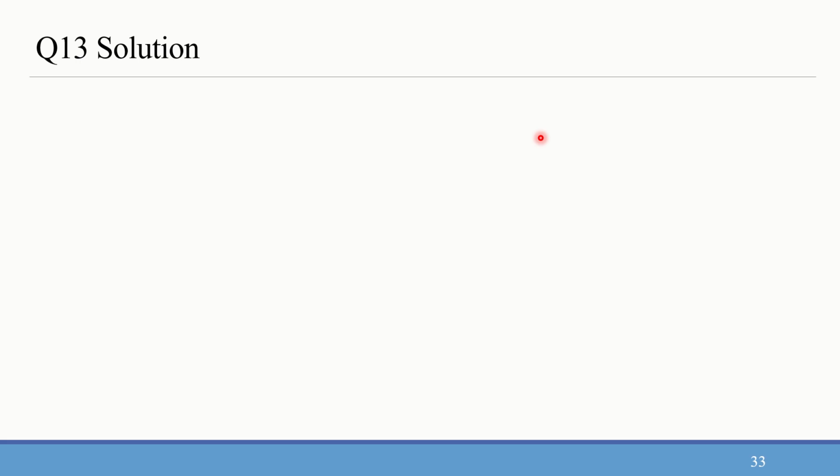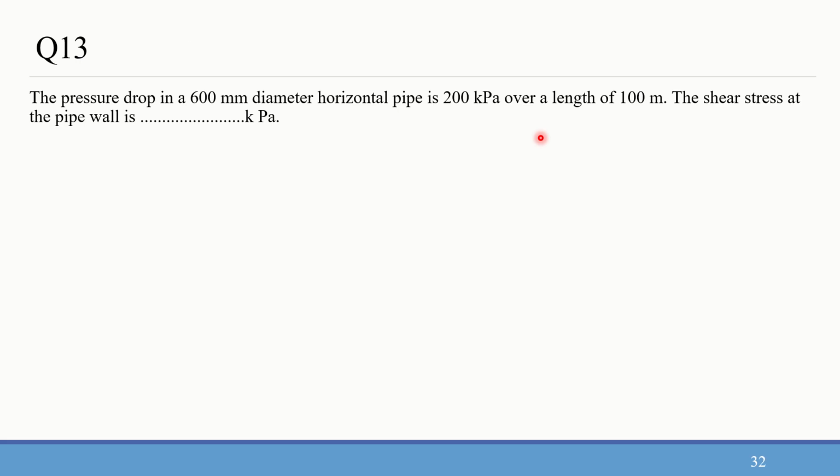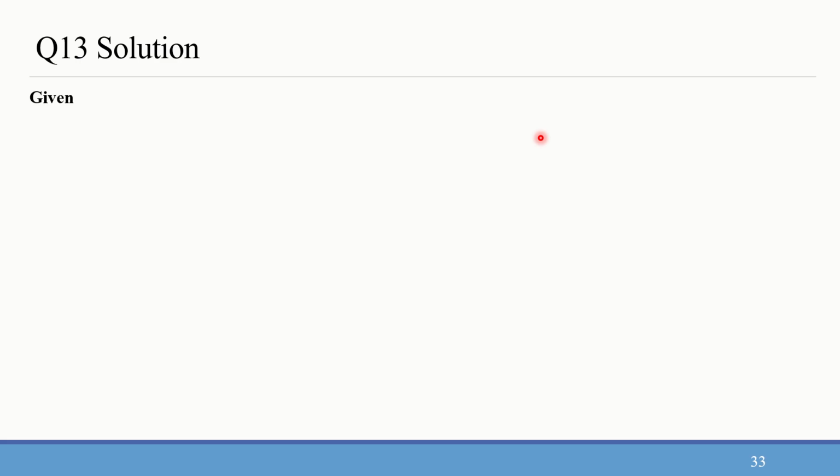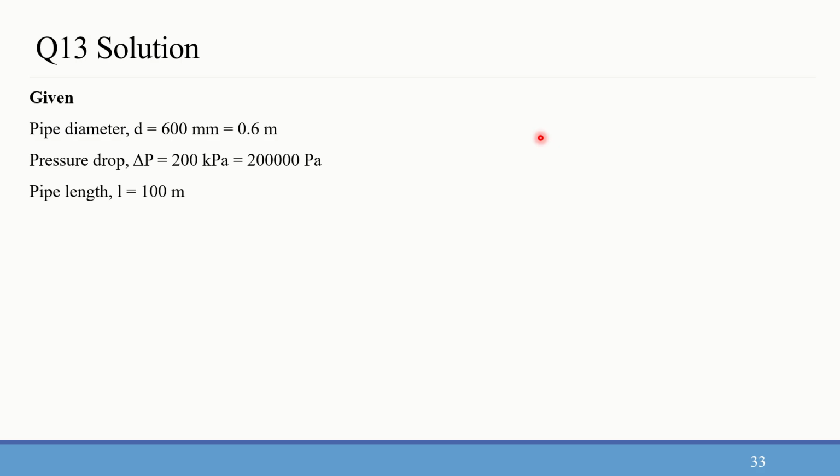So, solution, I'll give you the answer. First we'll see how to do it, later we will discuss. What is given? We know the pipe diameter is 600 mm, the pressure drop is 200 kilopascal, and the pipe length is 100 meters.